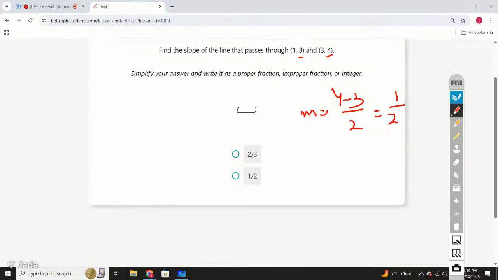So the slope of the line is m equals 1 by 2. Option number 2 is the correct option, that is 1 by 2.